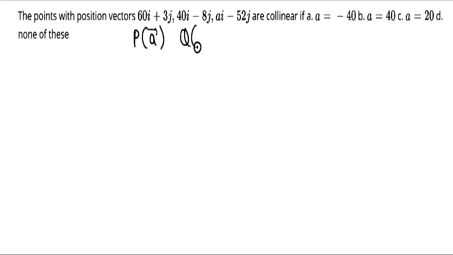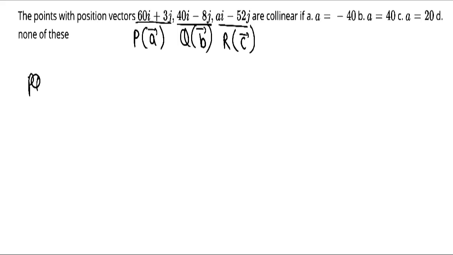Let this point be our Q point, representing position vector b, and let this point be our R point, representing position vector c. So this is our P point, this is our Q point, and this is our R point.